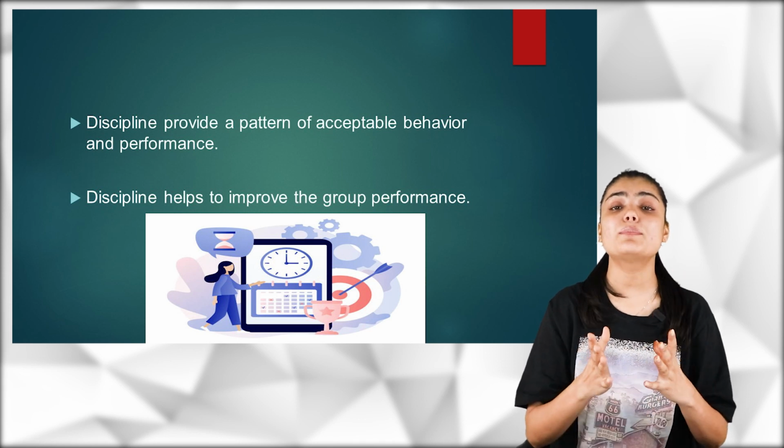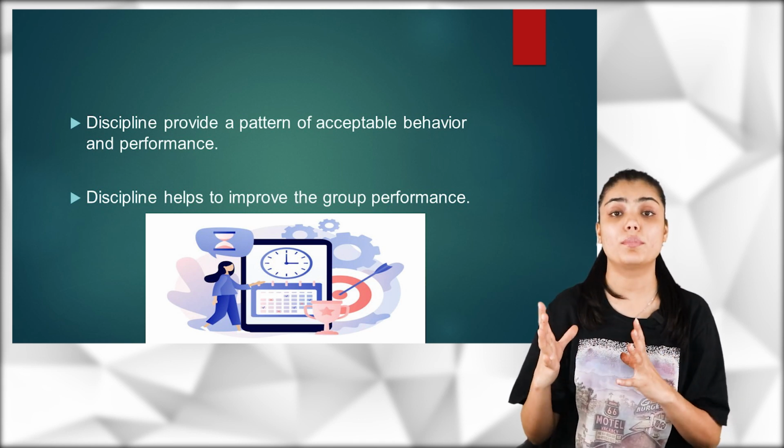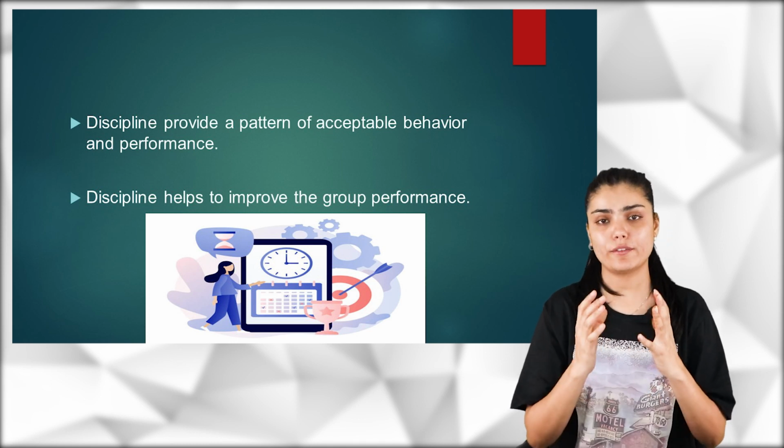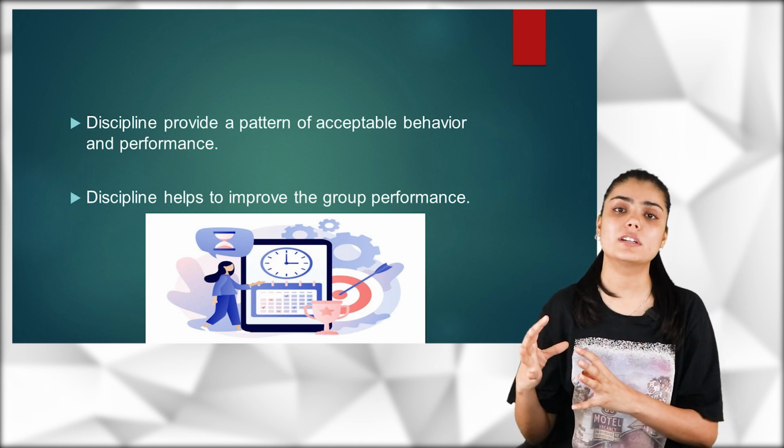Next, discipline helps to improve group performance. So when you work in a team, we have already studied group dynamics, teamwork. We have seen the factors that influence group dynamics. So we've studied about social loafing. So what is social loafing? When you work in a group, when there are many members in a group, any individual in the group might exert very little effort in order to achieve the task because the individual knows that the activity is being carried out in a group and the goal will ultimately be achieved even though the individual does not put in his full effort.